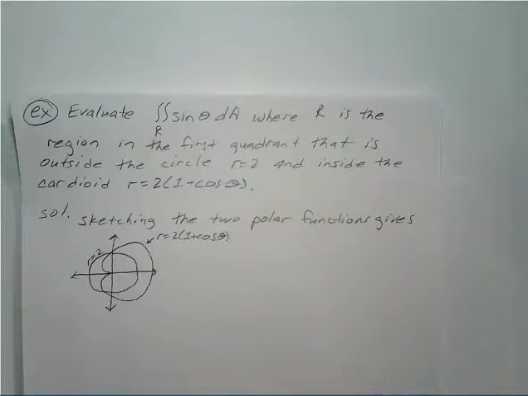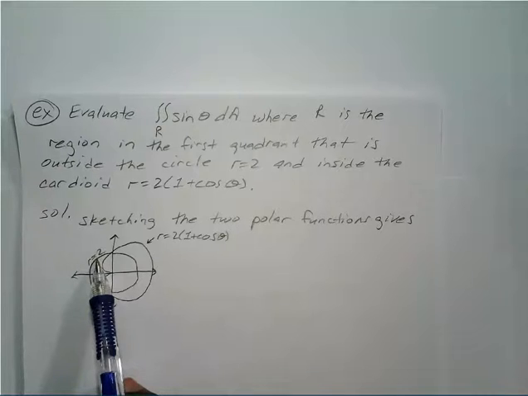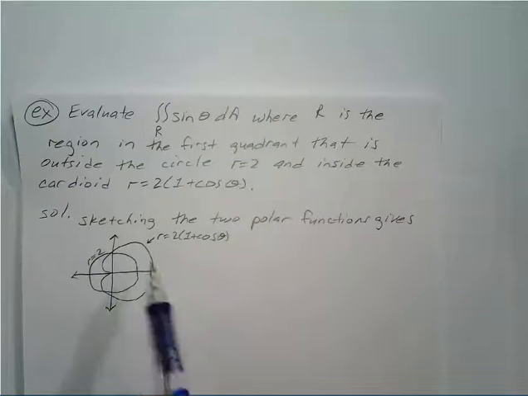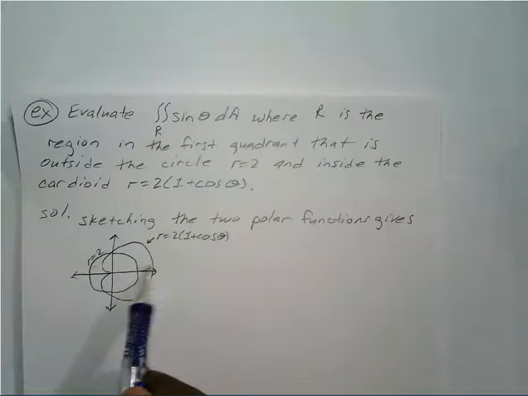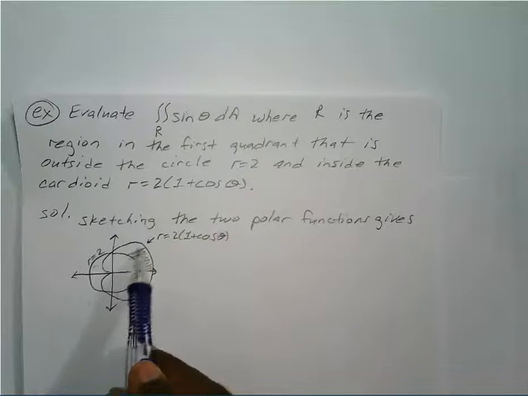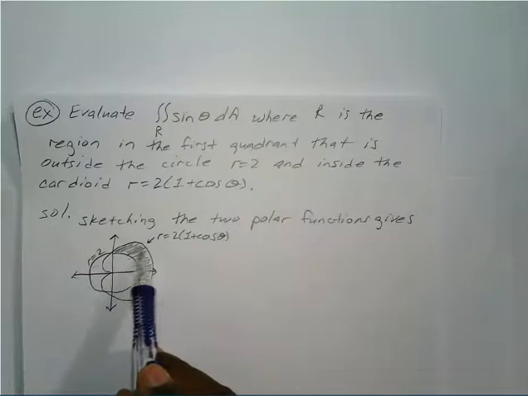Now the region in the first quadrant outside of r equals 2 and inside our cardioid is this section here.